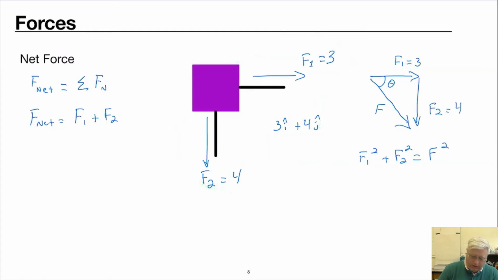Or we can use the particle model and represent the box with a dot, and say we have F1 and F2. That's probably the simplest free body diagram you could draw. It's just a way to represent visually all the forces that are acting on an object.